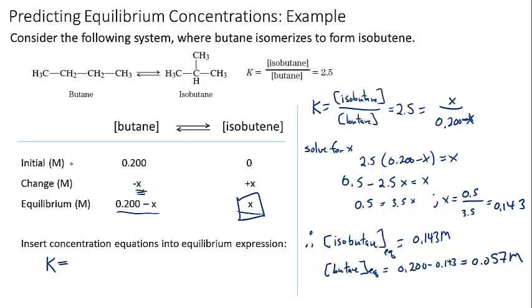Let's do our final check and just plug them into the equilibrium expression to make sure that we get the equilibrium constant. So if we do that, our isobutane concentration is 0.143. Our butane concentration is 0.057. And if we divide that out, we actually get 2.5, which is a good check that our equilibrium concentrations are correct. And that's the way that works. We'll be using this throughout the next four chapters.